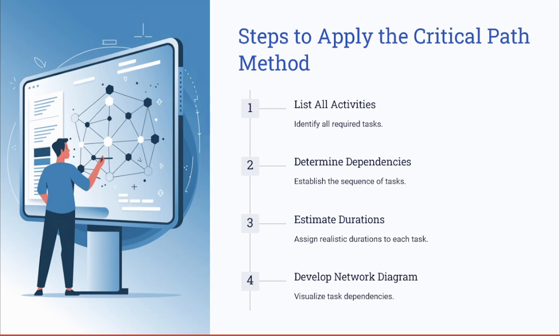It's the same thing when you do the schedule planning, where you assign a realistic duration to each of these tasks. So the third step is to estimate the duration.